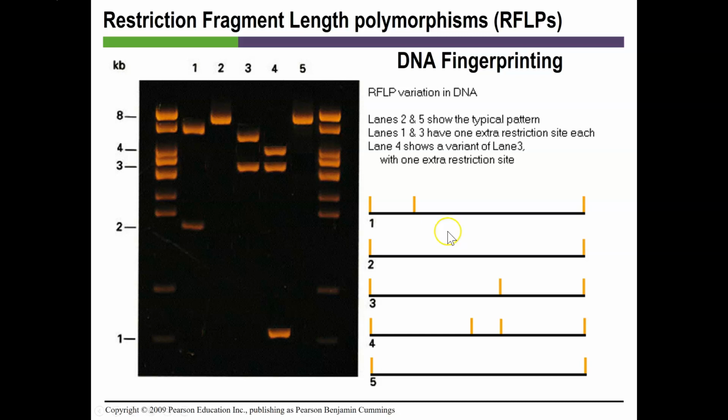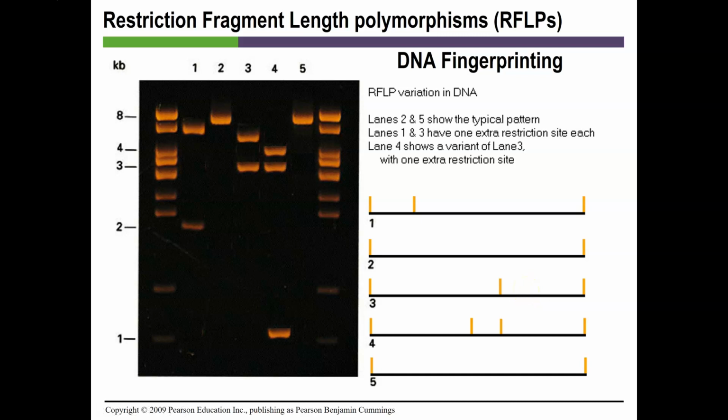You mix them all with the same restriction enzyme to cut them into fragments and then run them on a gel. See over here that the DNA from the different samples have different restriction recognition sites, which are represented by the gold lines demarcating where the cut site is.